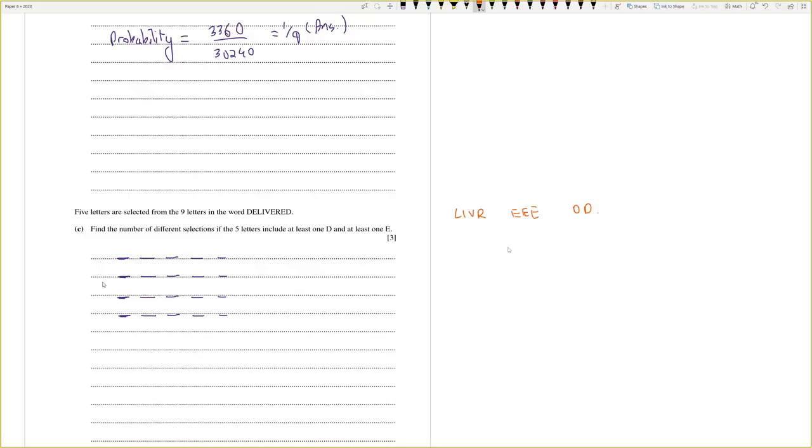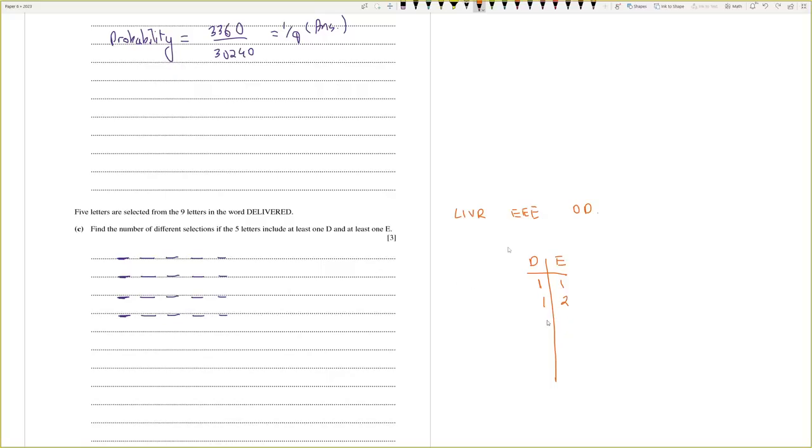So let's go step by step, okay? D and E, we need at least one of each. So it can be 1, 1. It can be 2, 1. Okay, I'm done with these. Then it can be 1, 2 or 1, 3. Okay, why don't I do it like this? 1D, 1E, 1D, 2E's, 1D, 3E's.